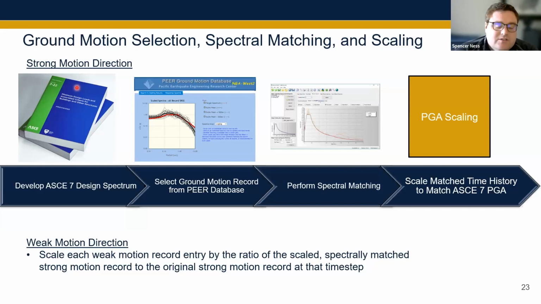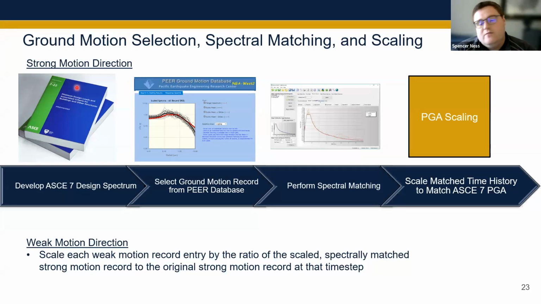We then took those motions and did an additional step of spectral matching to really get ourselves dialed in to make sure we were initiating a liquefying event. And then we wanted to also match not just the frequency content of the motion of interest, but also the PGA. So we scaled up that spectrally matched motion so that the PGA of that matched motion matched our original design spectrum PGA.